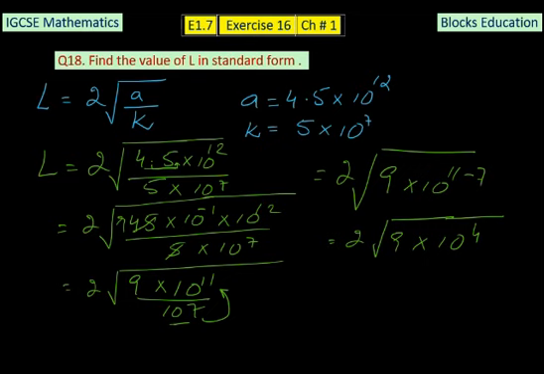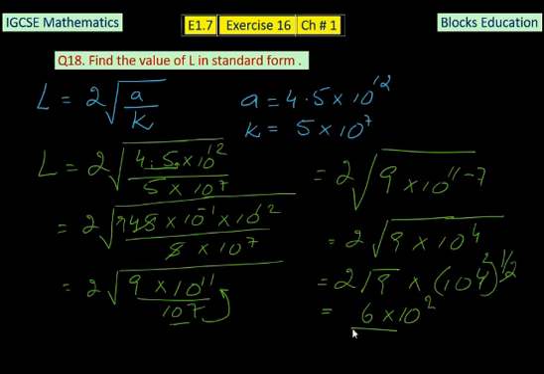So what you do, just take the individual under root, so it will be 2 under root 9 into 10 raised to power 4, and we know that under root means 1 over 2, so you have two options, whether you write under root or you write 1 over 2, it's the same thing. So under root 9 is 3, so 3 2s are 6 into, and you see that 2 ones are 2, this is the 4 power, so 2 ones are 2, 2 2s are 4, so it is 10 raised to power 2, so it is 6 into 10 raised to power 2, so this is the standard form.